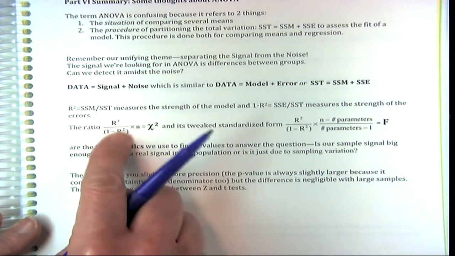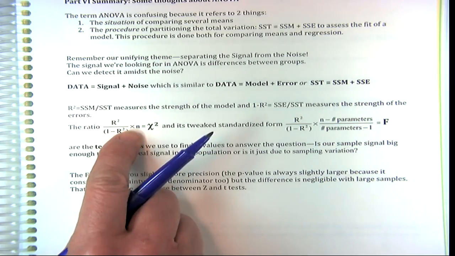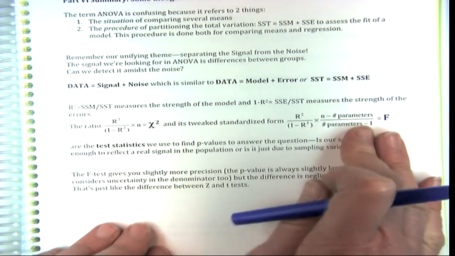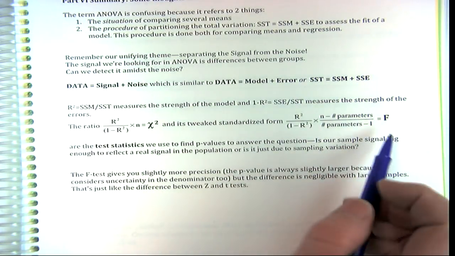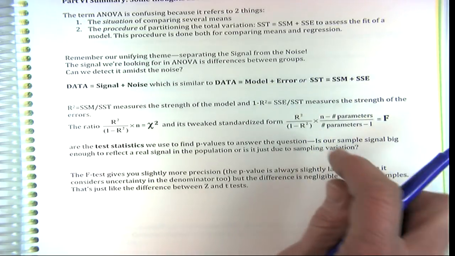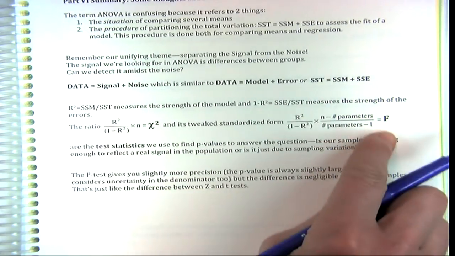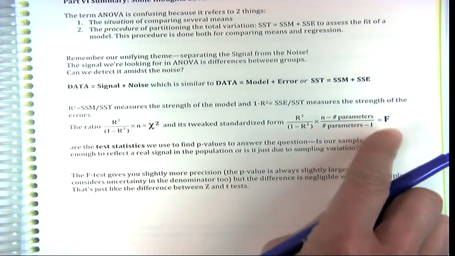Why I like this one is just because it's simpler to compute. You don't have to worry about all those little degrees of freedom. As n gets big, this will converge to that. But the software always makes you do this one, just because it can. It's a computer. It doesn't care if it's intuitive or not. So I want you to know how to do that one, for large samples too.